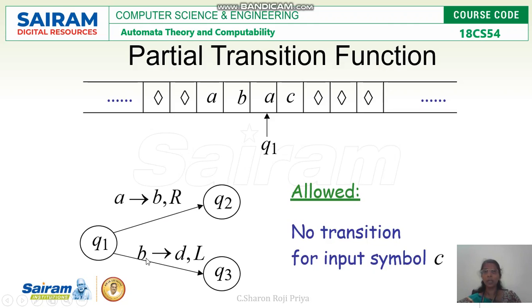Similarly, for input B I have specified the transition. But it is not needed to specify the transition for all the input symbols. If you want, you can miss one or two input symbol transitions. That is possible with the Turing machine transition function.